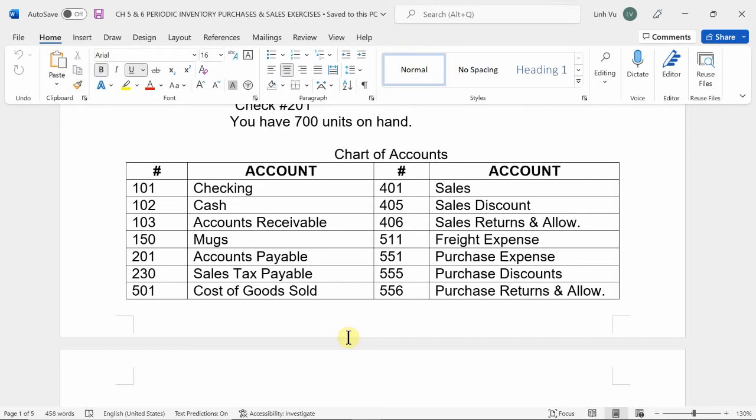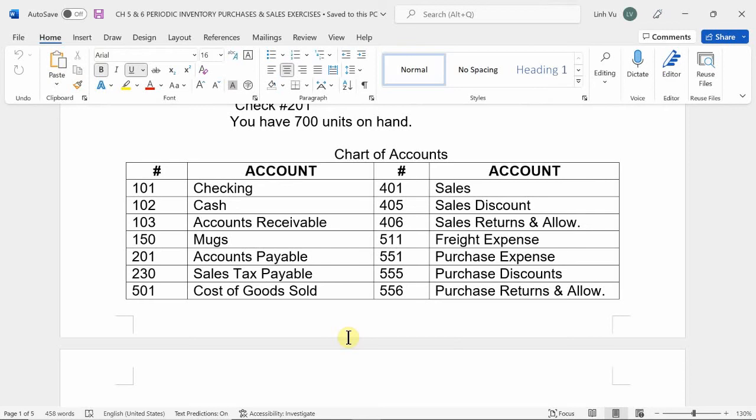So accounts payable? No, because you don't owe anybody. A customer owes you now. Oh, accounts receivable.